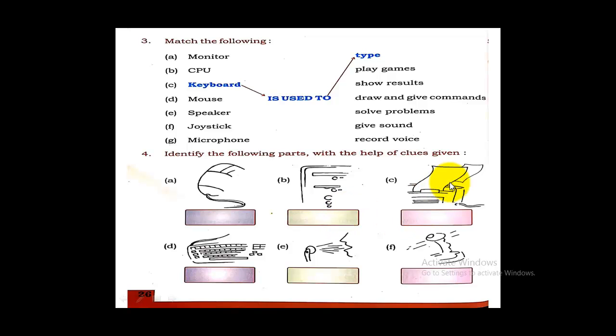Seeing this picture, you can see that this is a printer, and this also you can identify. Seeing the picture, this is a keyboard, and this is a microphone, and the last one, very interesting one, this is a joystick.